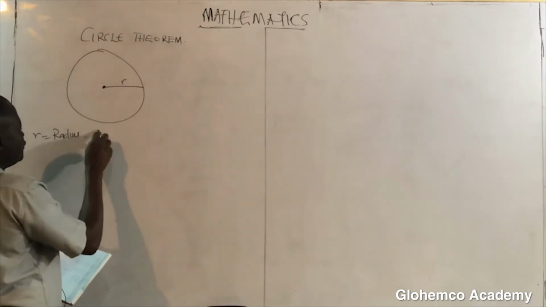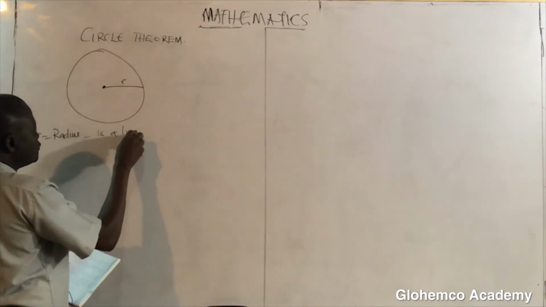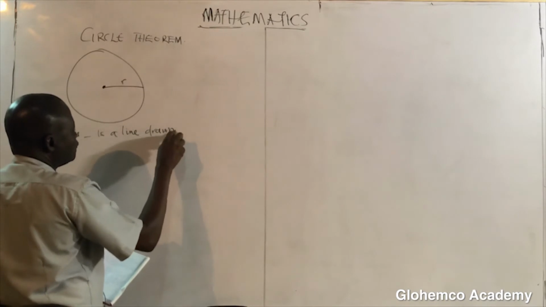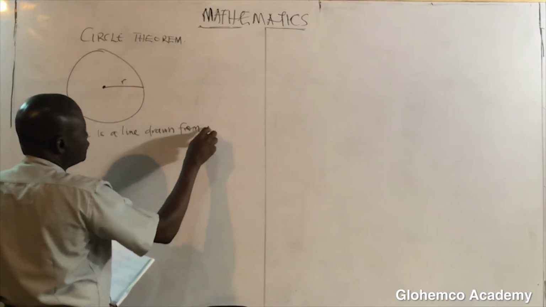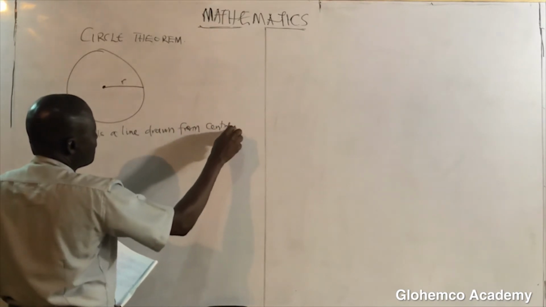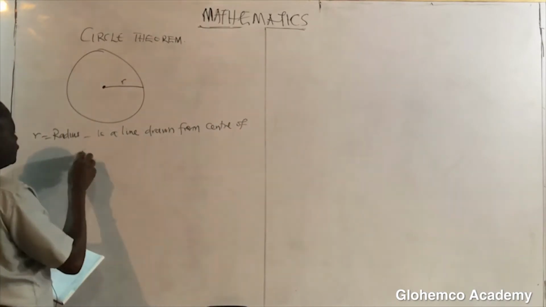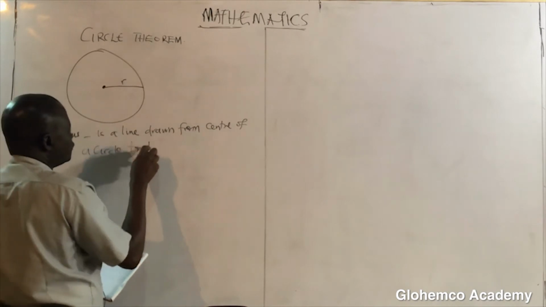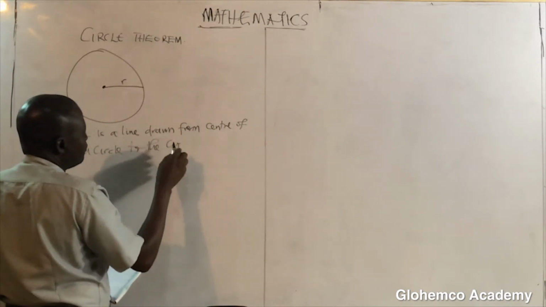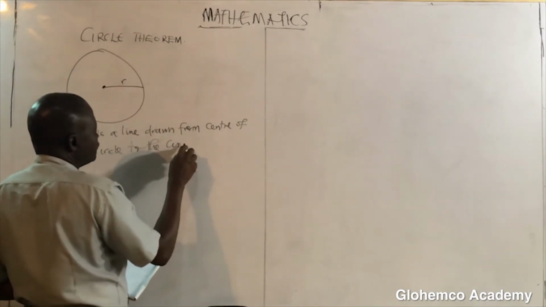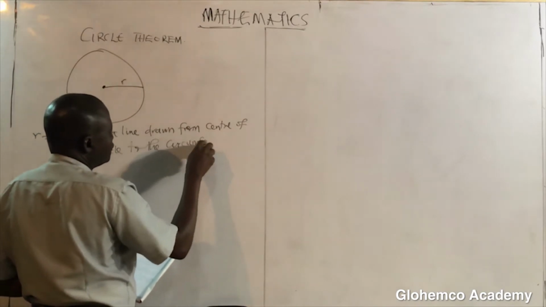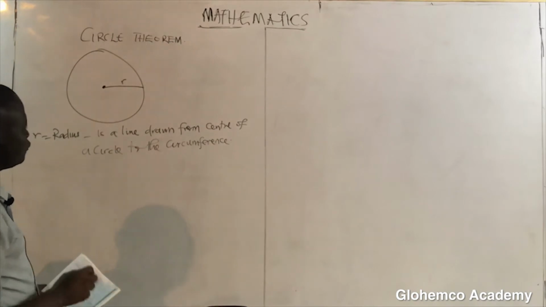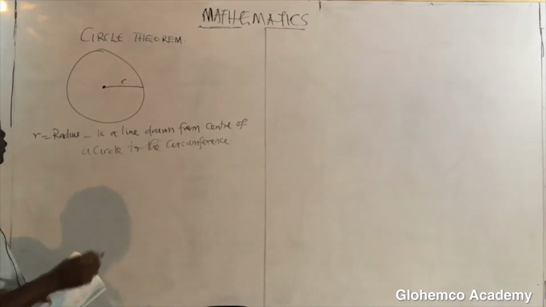A radius is a line drawn from the center of a circle to the circumference.